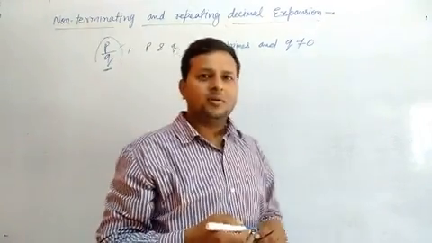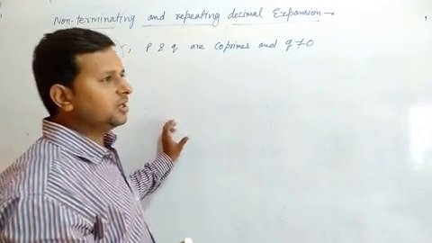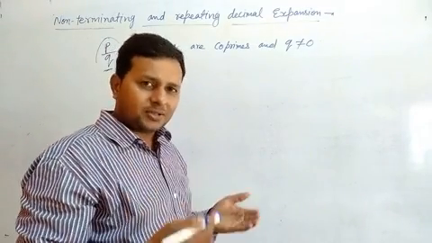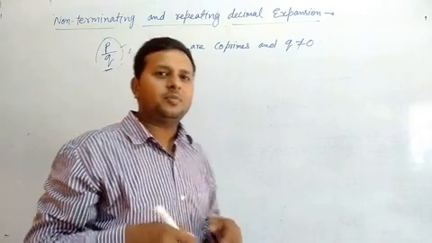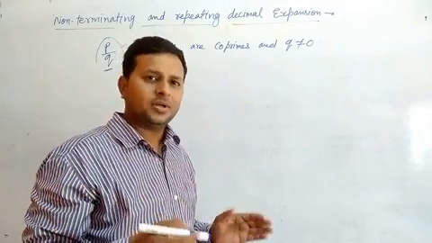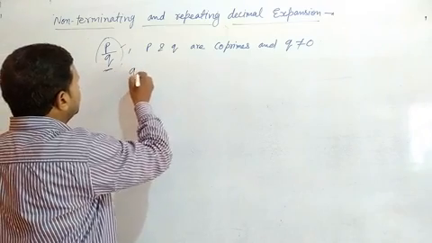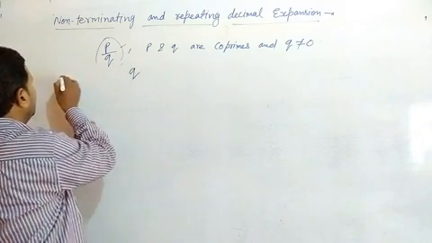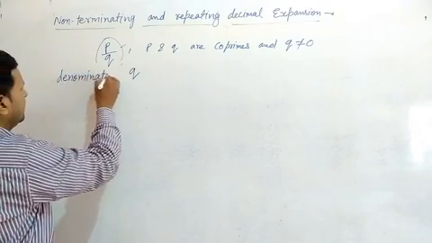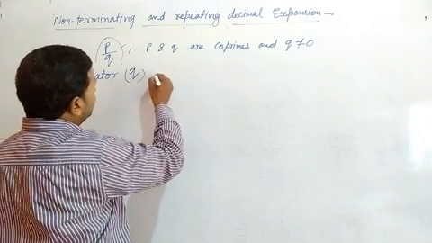After that, we select its denominator and find its prime factors. Means we have to factorize Q, the denominator.